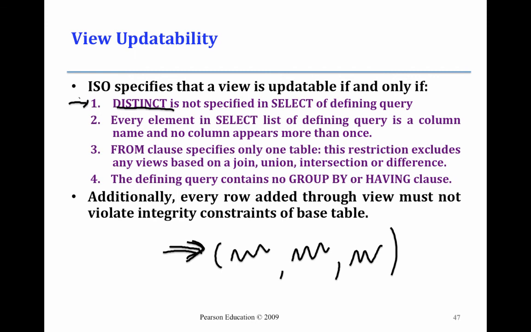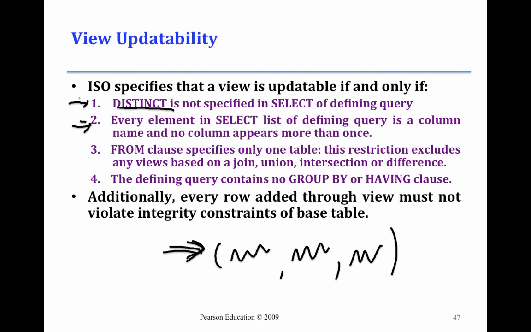The next one is that every element in the select list of the defining query has to be a column name. It can't be an aggregate. If any column in the view is an aggregate, you can't update it.